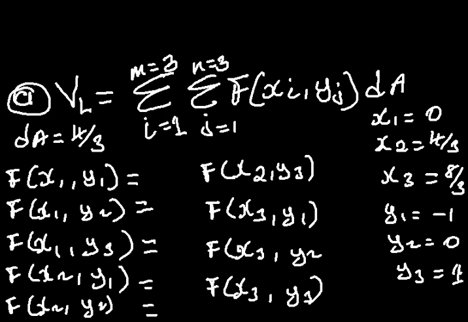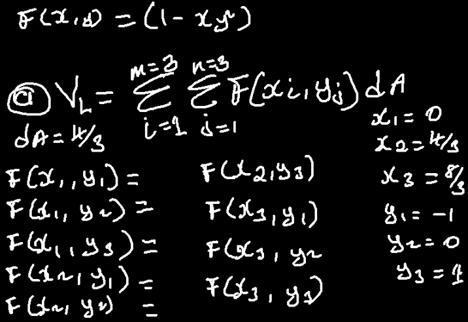Now in this case, you should substitute this in the given function. By the way, this is the given function. So where is that function? I've removed it here. Basically, the given function was f of x y is equal to 1 minus x y squared. So you have to substitute these pairs into the function.